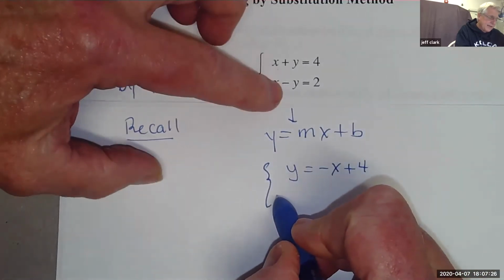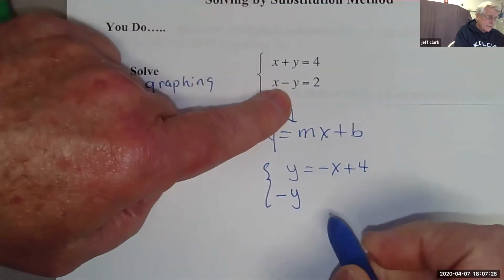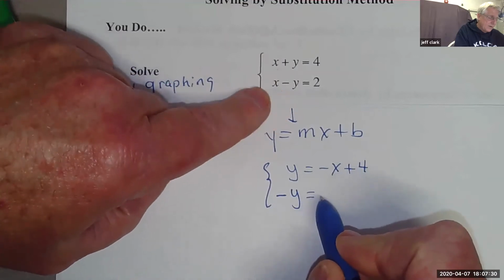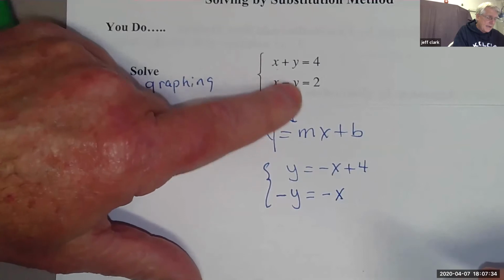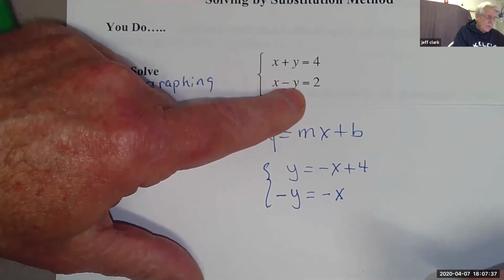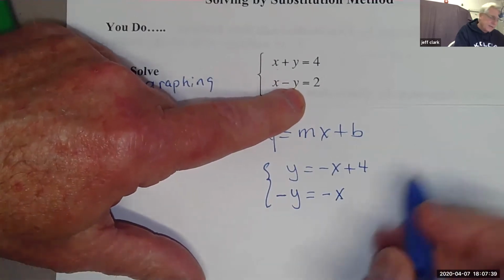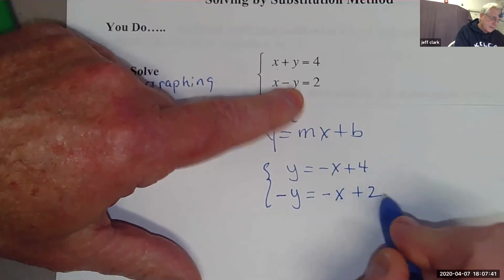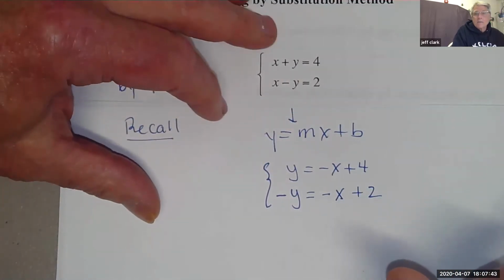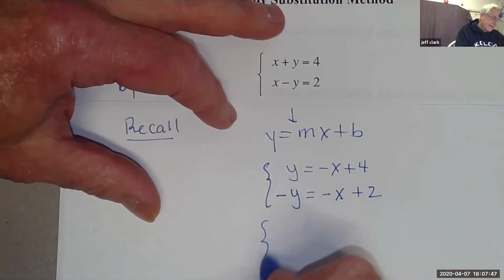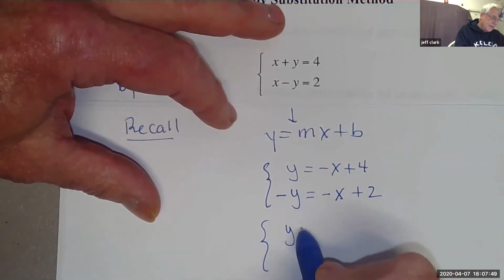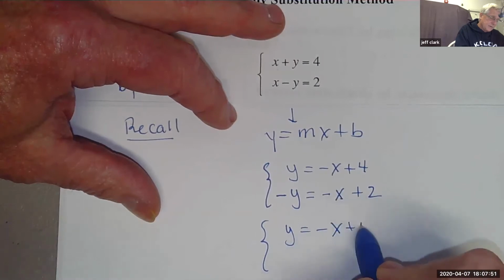So that leaves me negative y right there, and then a plus 2. Then the next thing is to get rid of the negative sign on the y. So we're going to go y equals negative x plus 4.